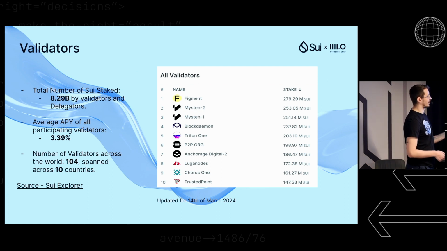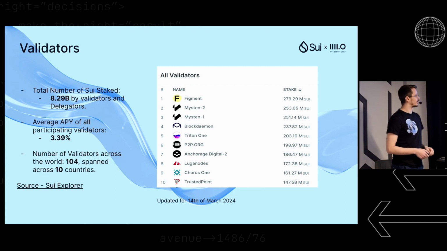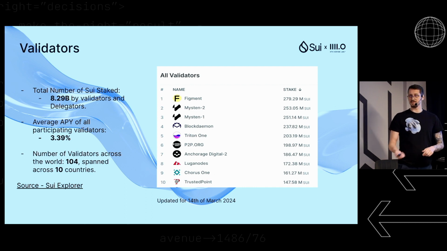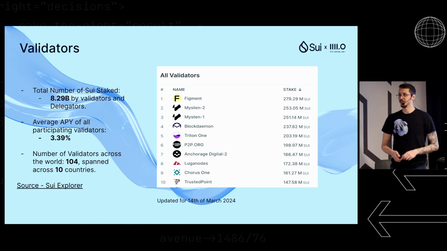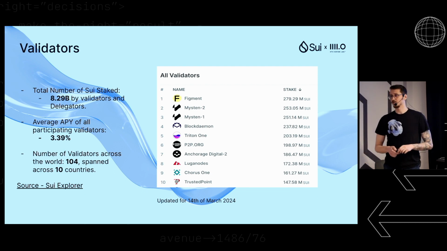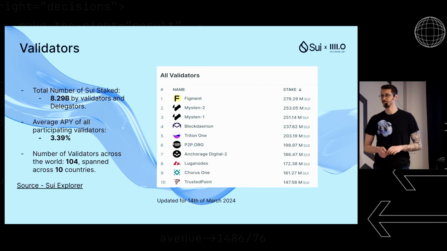It's Figment, Mysten 2, Mysten 1, Block Daemon, Trade 1, 4pt.O org, etc. Mysten is, for those of you who don't know, the ones that developed SUI, so those second and third are basically their validators. The average APY of all of the participating validators is around 3.39%, and there are around 104 validators in total across 10 countries. So pretty spread, right?